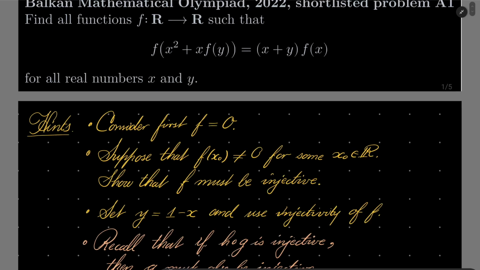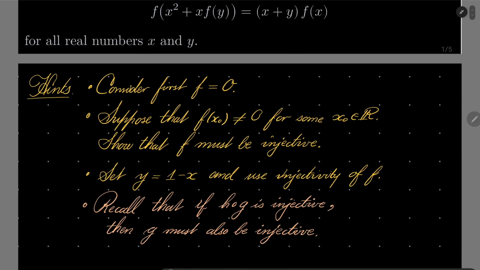Here are my hints. First, consider the case when our function is constantly zero. Then suppose that our function is not constantly zero, so for some real number f of x0 is not zero, and show that in this case our function f must be injective. After establishing injectivity, just set y to be 1 minus x, using the injectivity to find the formula for f.